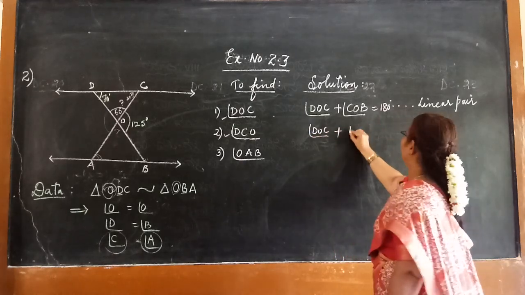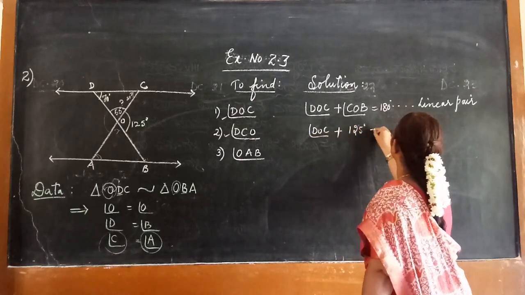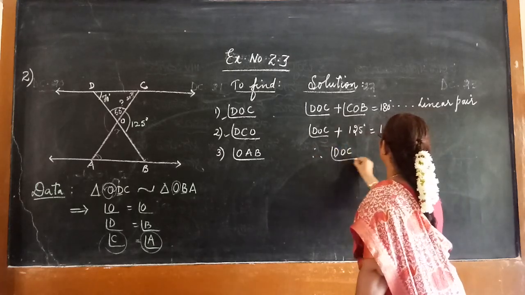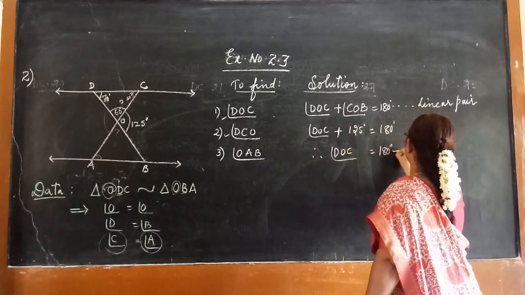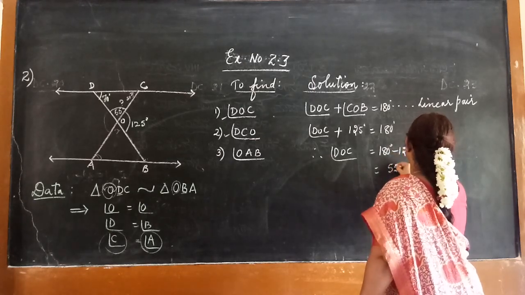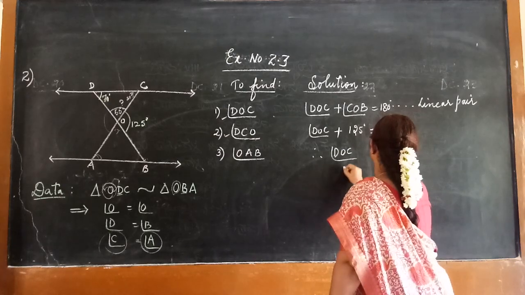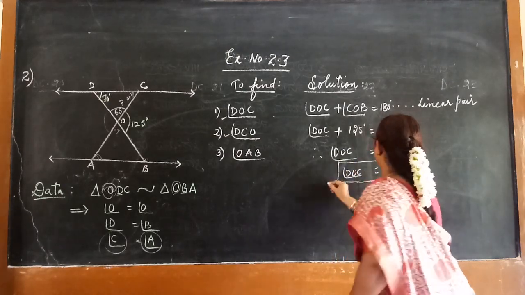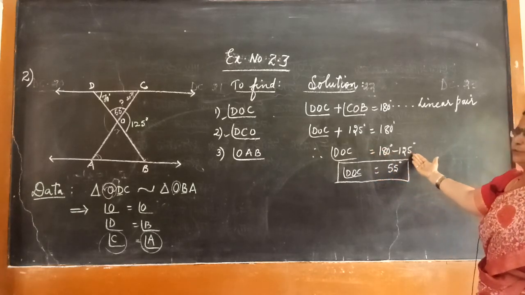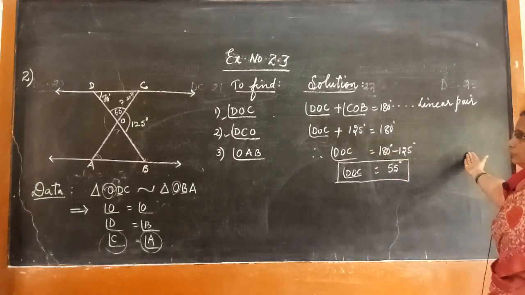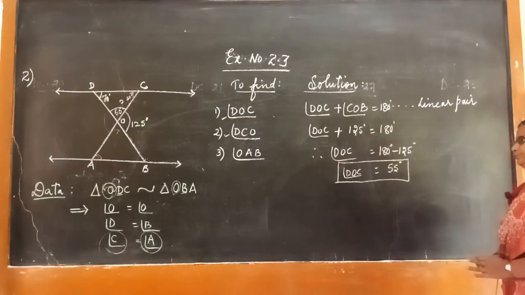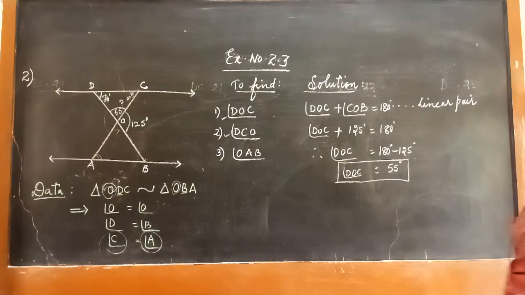Angle COB is 125 degrees, so the sum is 180 degrees. Therefore, angle DOC is equal to 180 degrees minus 125 degrees, that is equal to 55 degrees. Or else, directly you can write angle DOC is equal to 180 minus 125, linear pair. I have explained step by step, directly you can do it. So the first part is over.